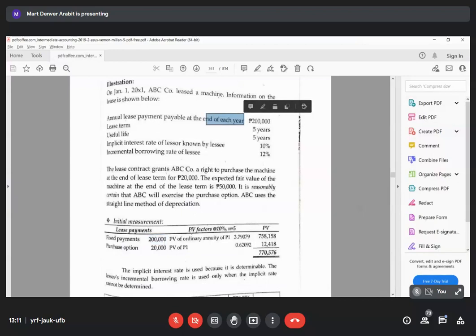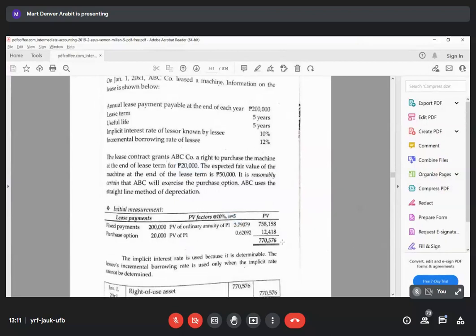So we will use ordinary annuity of 1 at 10% for 5 periods. So here it is. We just multiply it by the fixed payment. And the purchase option of 20,000 is multiplied by the present value of 1 at 10% for 5 periods.